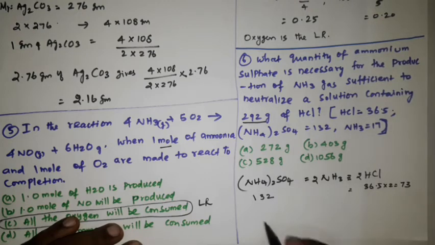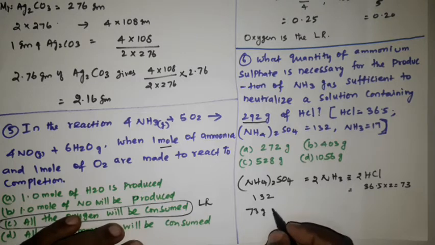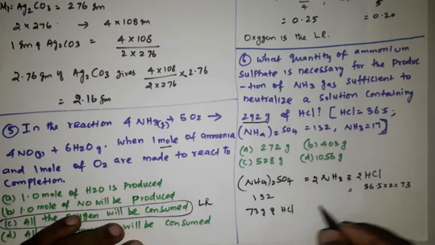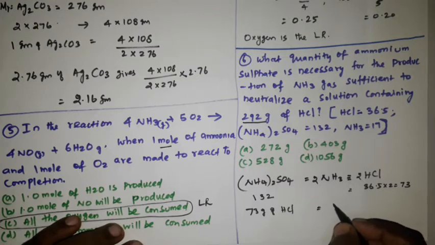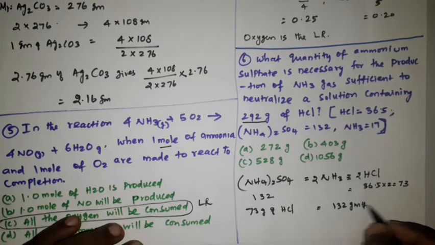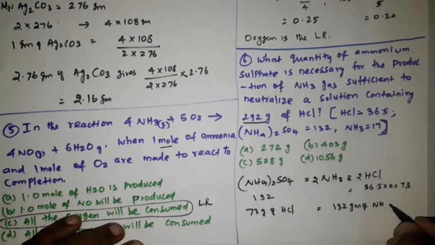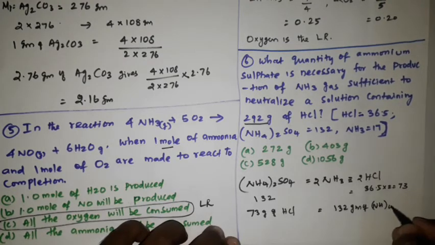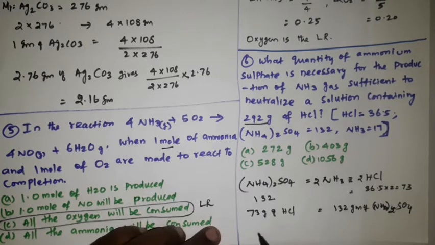So make the box: 73 grams of HCl requires 132 grams of ammonium sulfate, (NH4)2SO4.